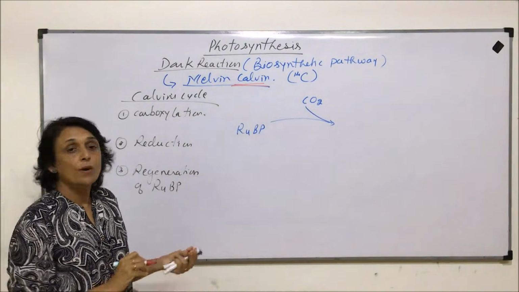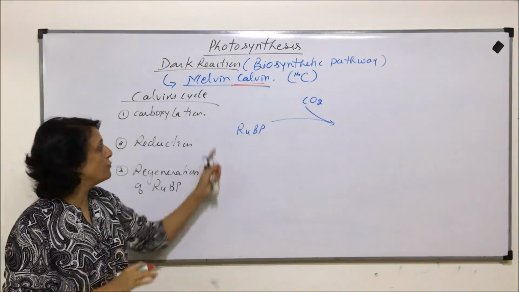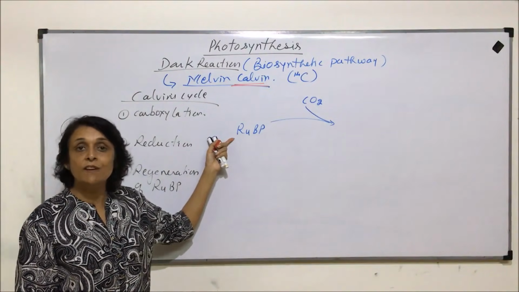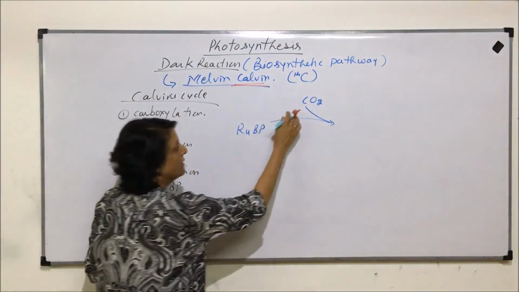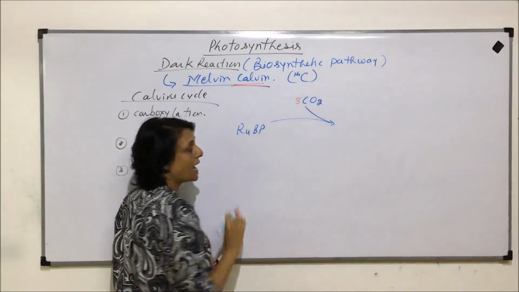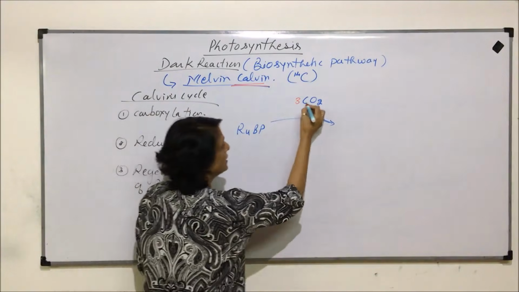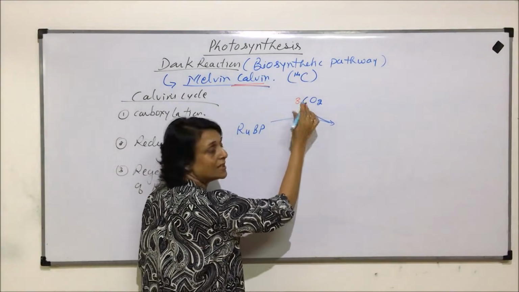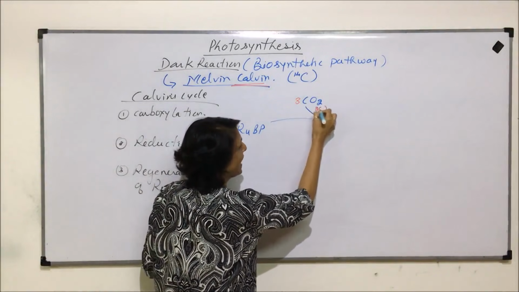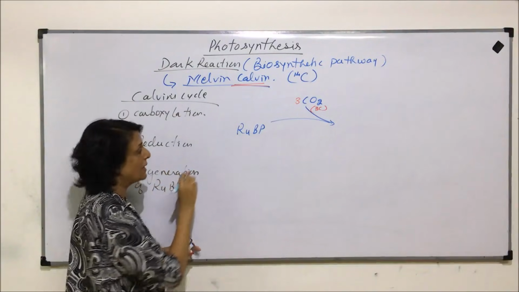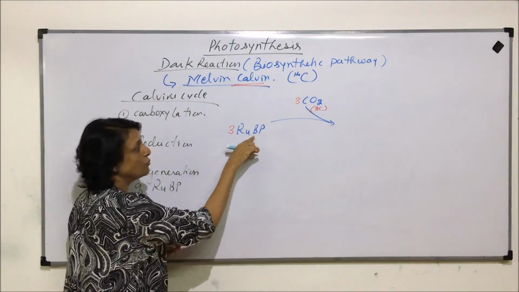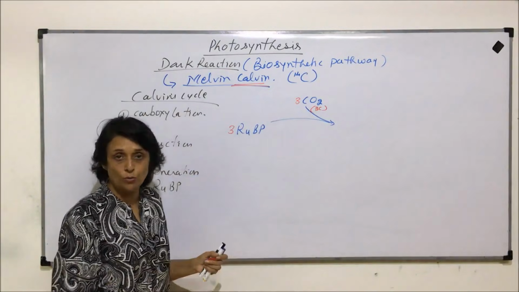We have to understand the number of molecules which we are starting with, and we will keep a track of the number of carbon atoms. We will start with 3 carbon dioxide molecules. So 1 carbon from each carbon dioxide, so there are 3 carbons here. RUBP is a 5 carbon compound, and 3 RUBPs are going to accept 3 CO2s.